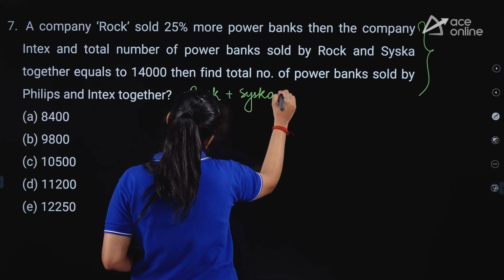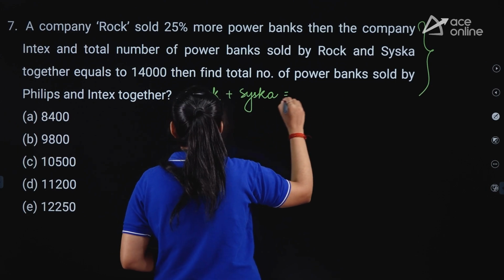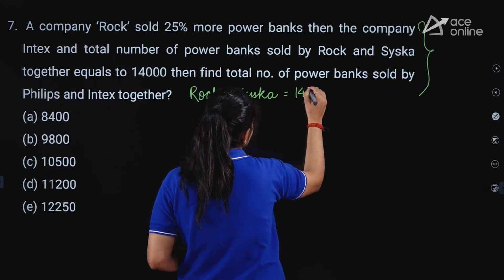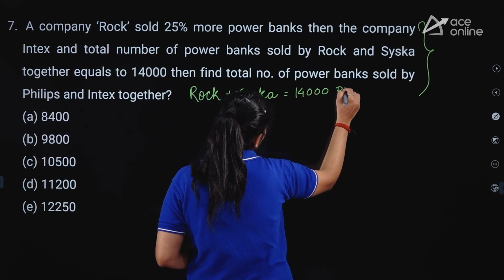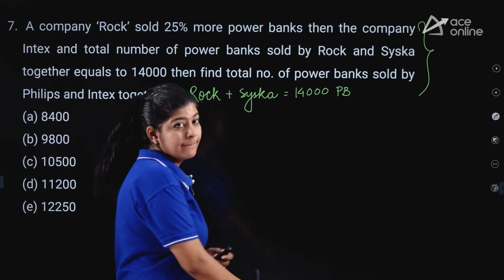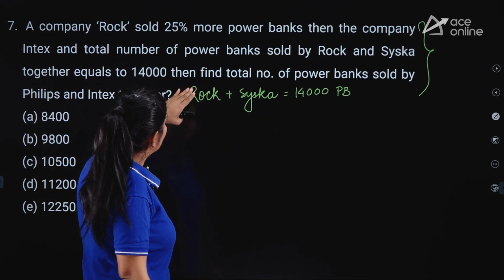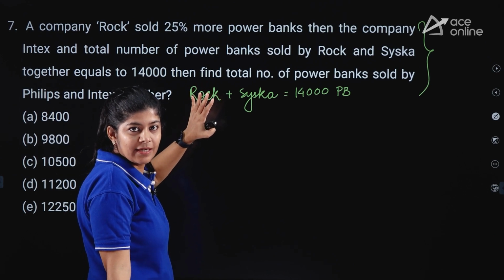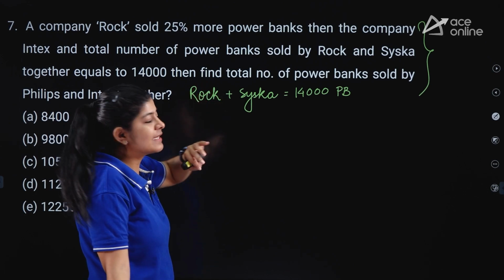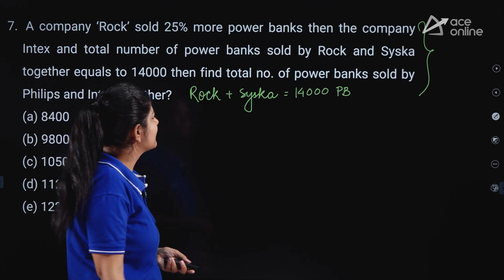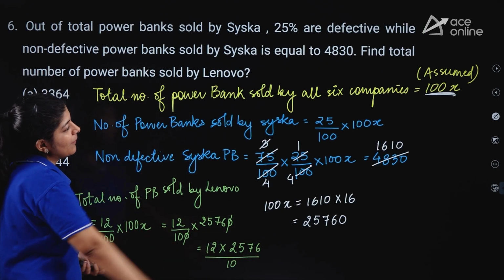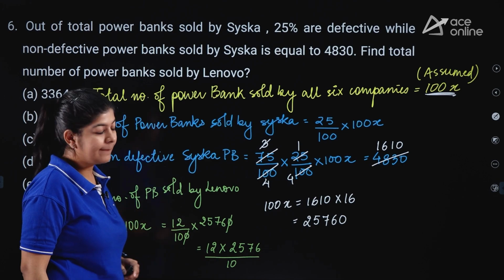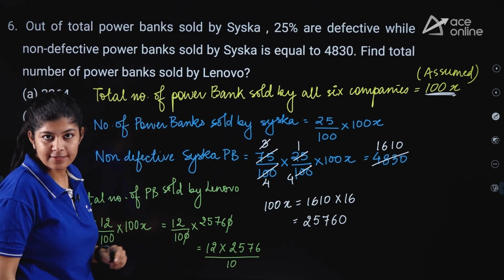So basically they both together sold a total of 14,000 power banks. But when we talk about the quantity of ROC, because we don't know the exact number, first we simply assume the same thing: the total power banks sold by all 6 companies is equal to 100x, right?